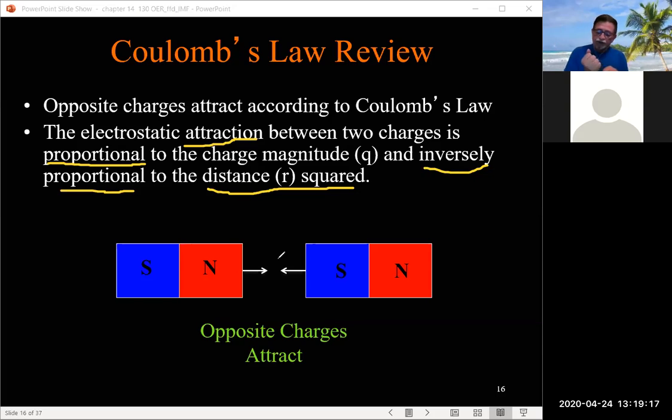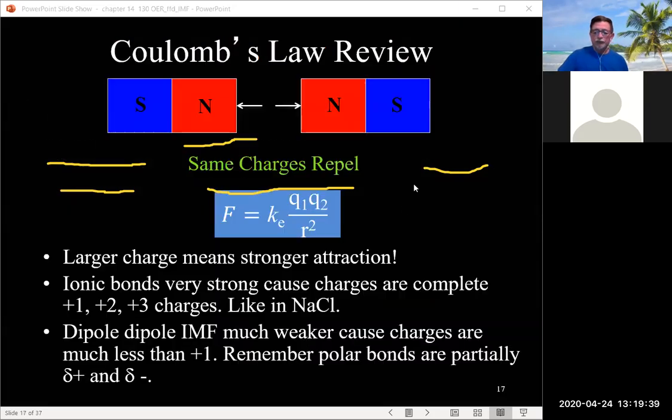And then as you pull them apart, you can feel that force lessen very drastically. You pull them apart very little, that force really is suppressed. And that force is suppressed through the square of that distance between them. So it's very, very, very rapid as far as the force dropping.